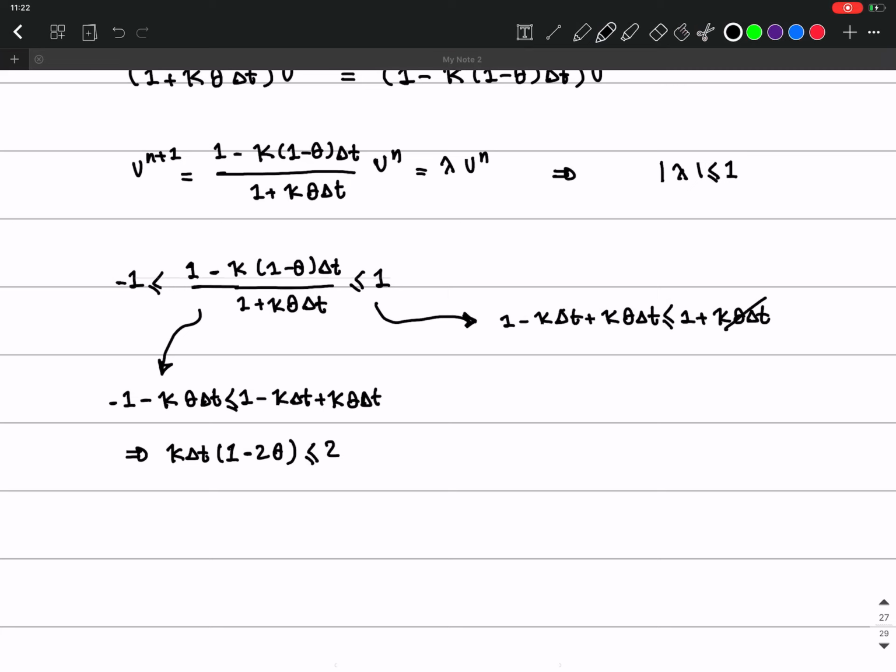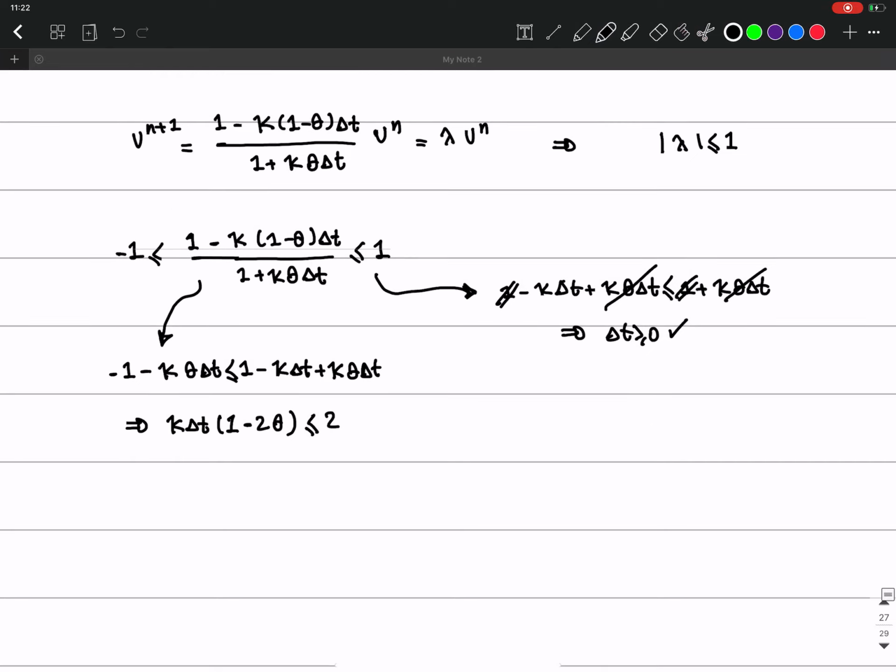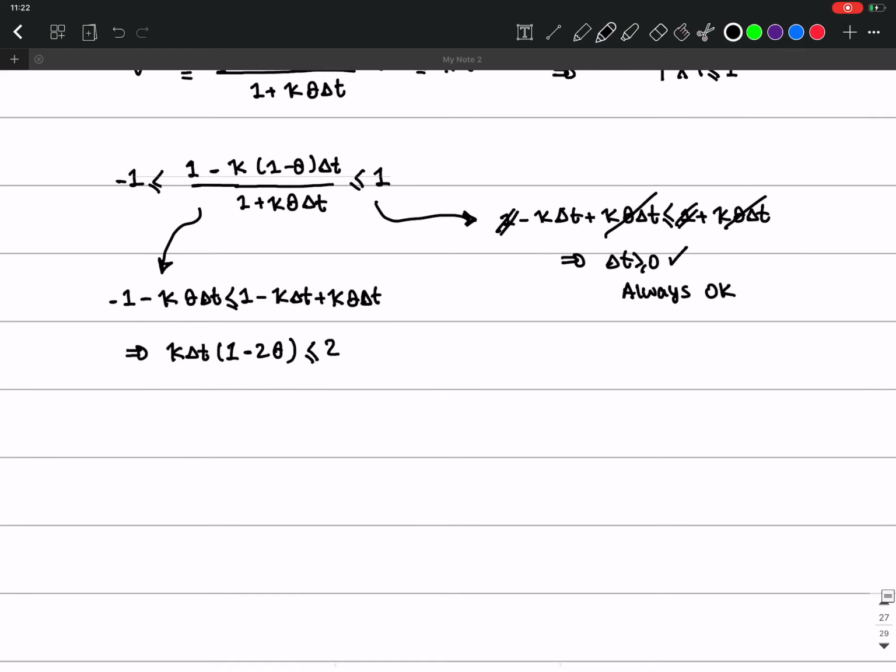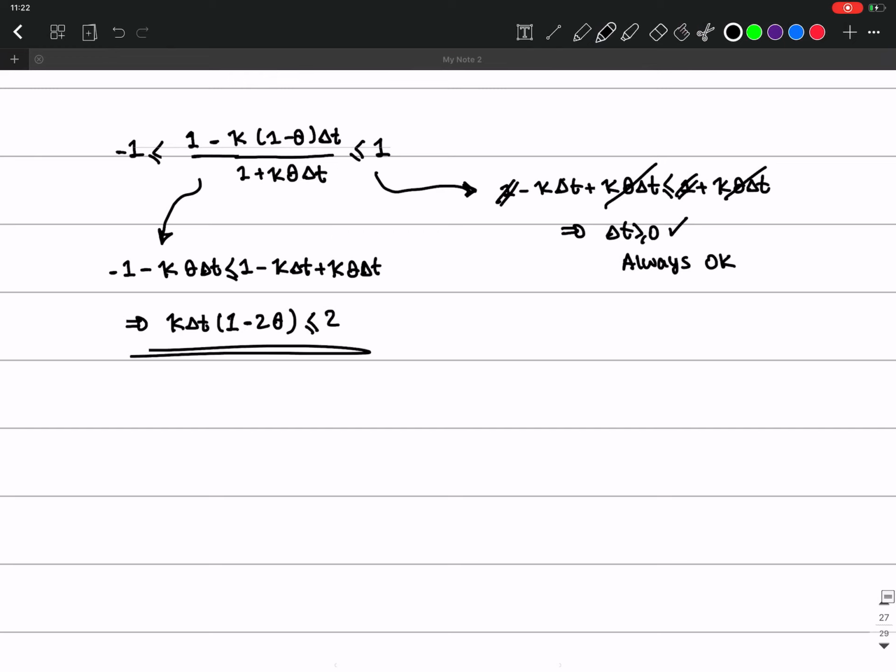So these two are going to cancel out, and these two ones are going to also cancel out. So this means that delta t should be greater than 0, which it already is, so it's a trivial condition which we don't care about. So it's always okay. So only we have this condition for stability here. Okay, so let's see what that means.